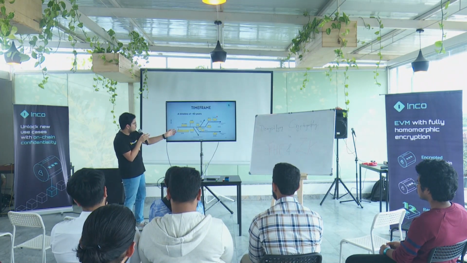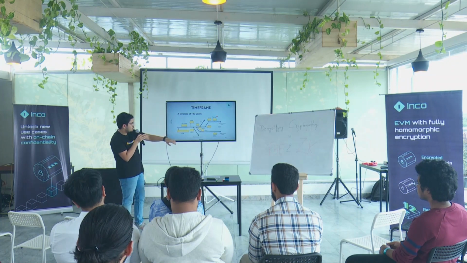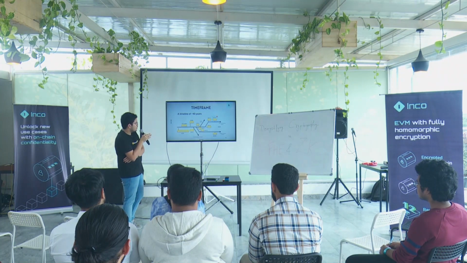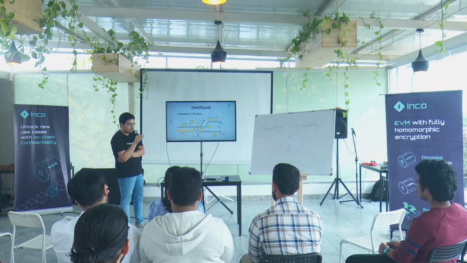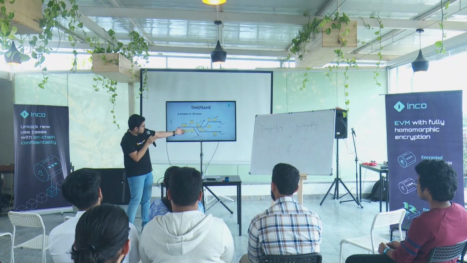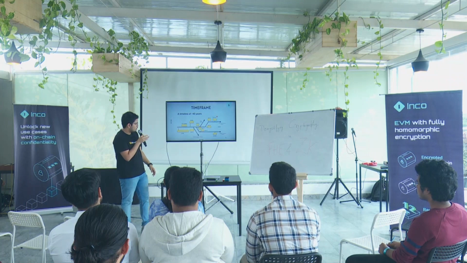We will be learning in brief about BGV, BFV, CKKS in the next slides. Similarly, if your encryption system is based on the NTRU problem, then the LTV scheme is for you. And if you want fast bootstrapping, to perform computation on the encrypted data an arbitrary number of times, then we have the schemes GSW, FHEW, and TFHE, Torus, for homomorphic encryption.